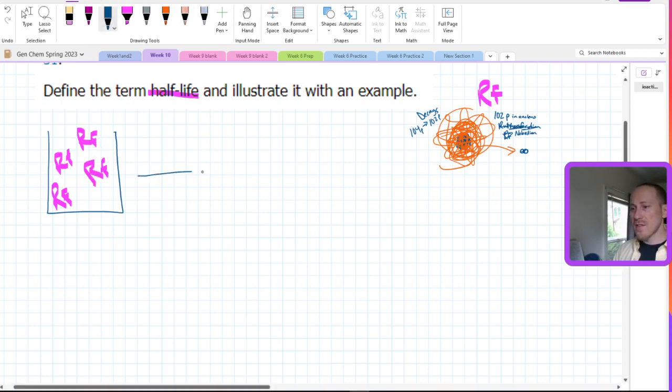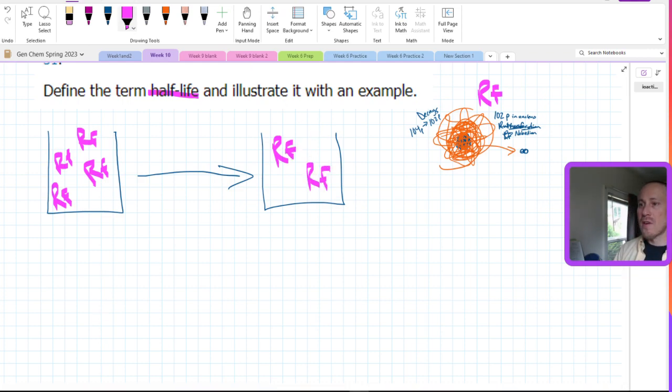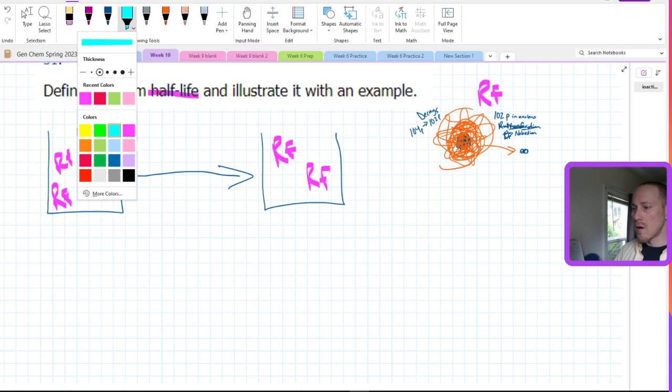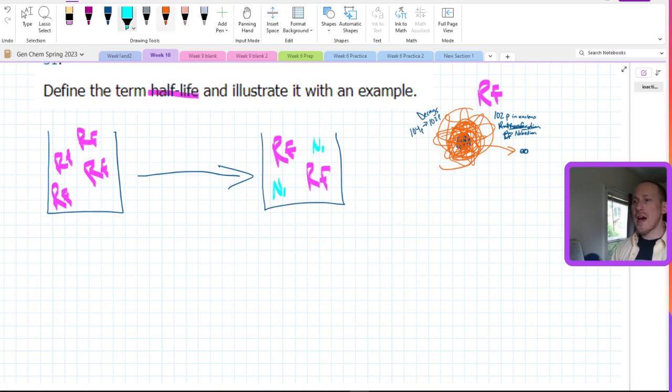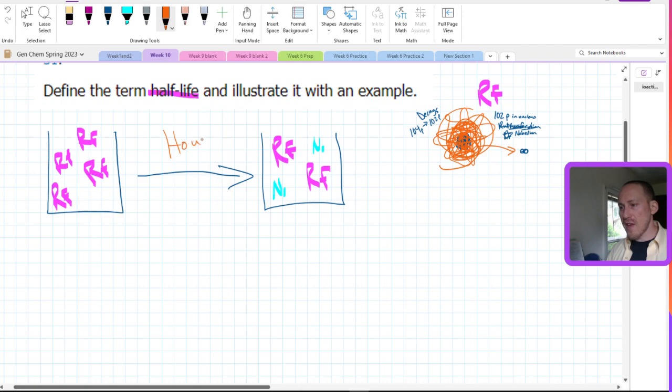The half-life simply is how long it will take for half of those Rutherfordiums to have disappeared and become Nobeliums. So the question is, how long did it take for half of that? And that amount of time is the half-life.